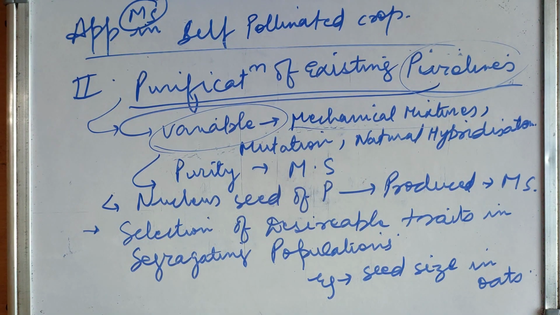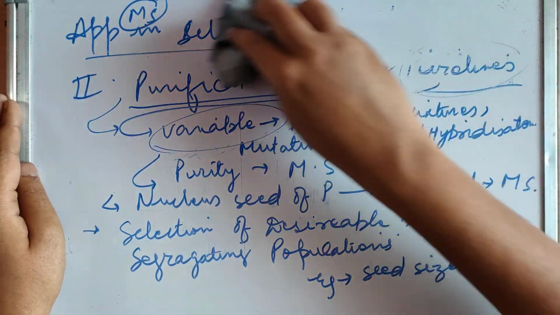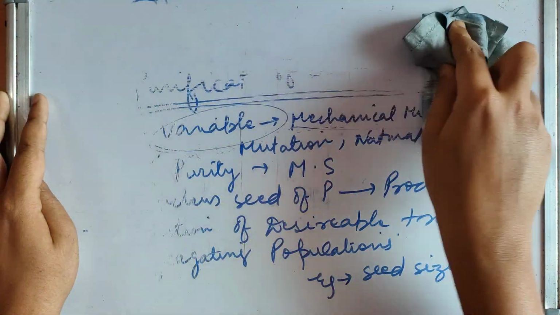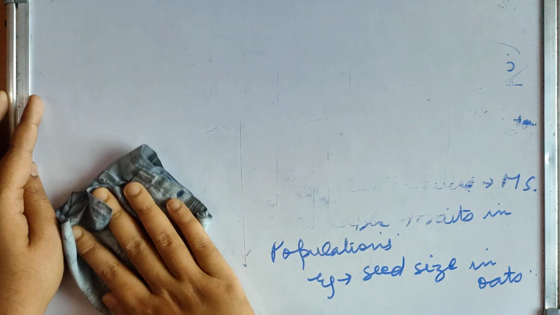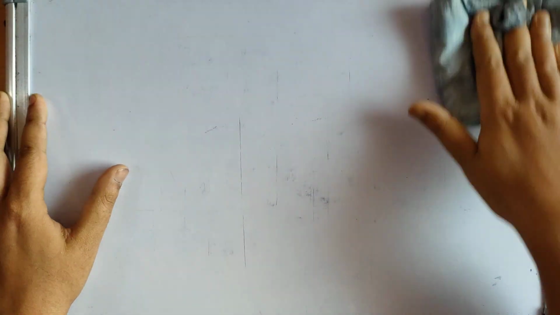So I hope you understand how mass selection is applied and how it is helpful in pure line selection or self-pollinated crops.